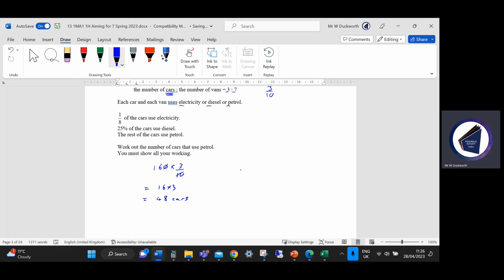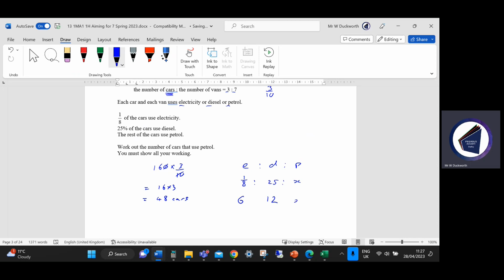My categories for cars then: we've either got electric, diesel or petrol. I'm going to put them in a little bit of a table. Electrics are 1/8, diesel is 25%, and petrol is what I'm trying to work out. 1/8 of 48 is going to be 6. 25% of 48 is going to be 12.